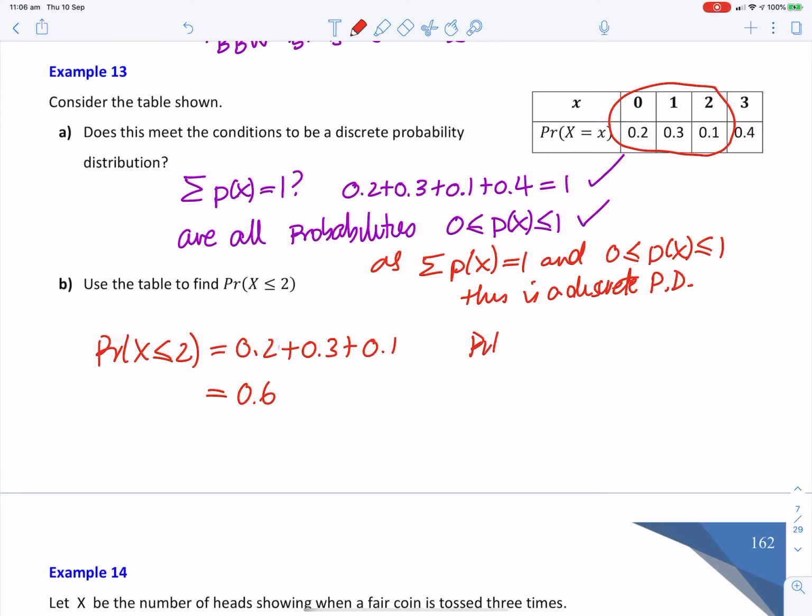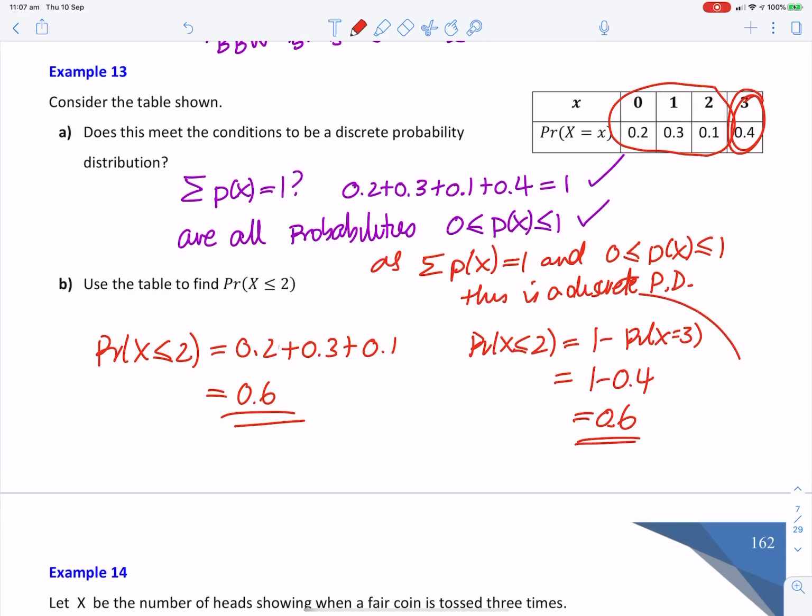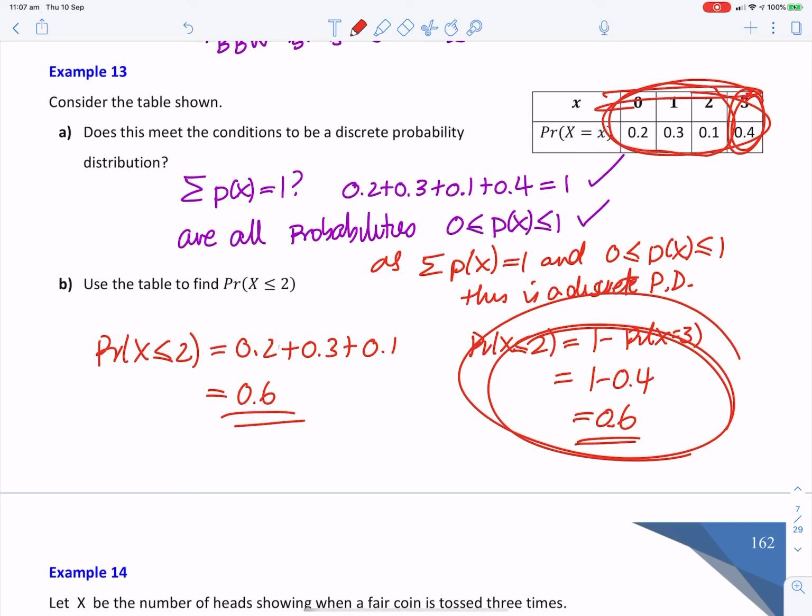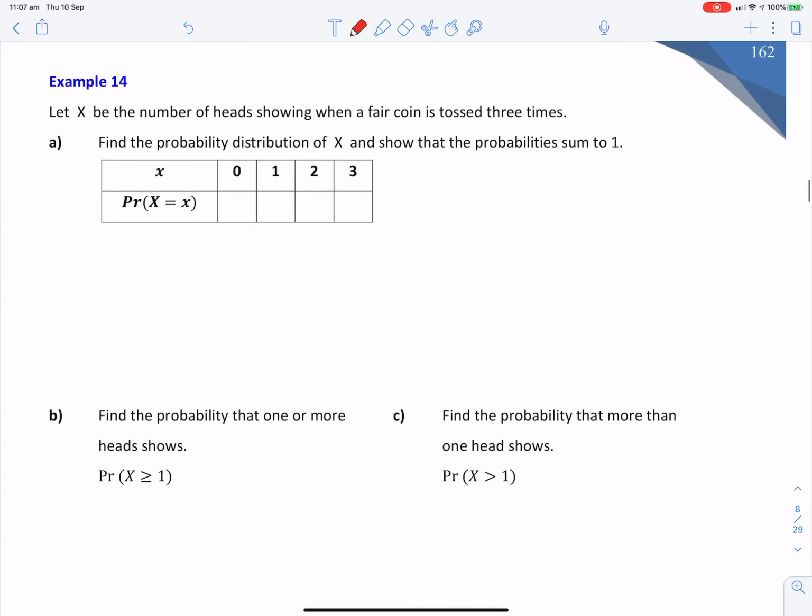You can also see the probability that x is less than or equal to 2 is 1 minus the probability that x equals 3. 1 minus 0.4, which is 0.6. We call this using symmetry, because we know all of the probabilities must add to 1. So if we do 1 take away these, we end up with that.